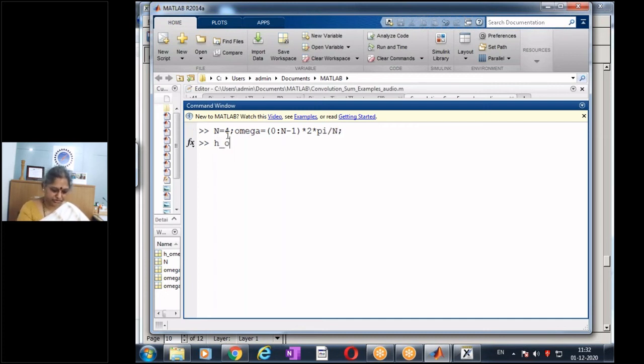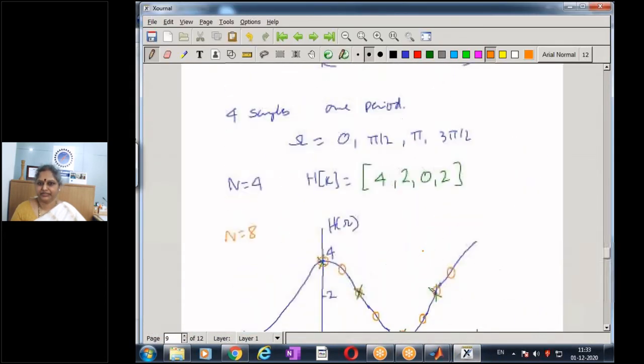And what is my H of omega? My H of omega is 2 plus 2 cos omega. What are the values? 4, 2, 0, 2. This is what we got by looking at our earlier example.